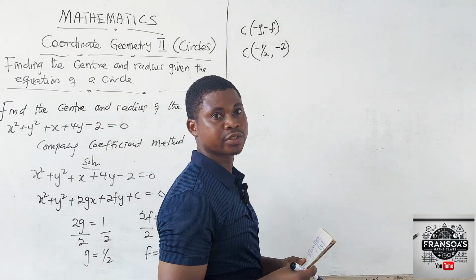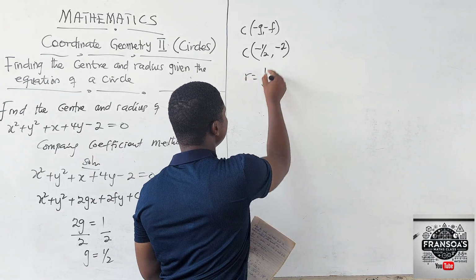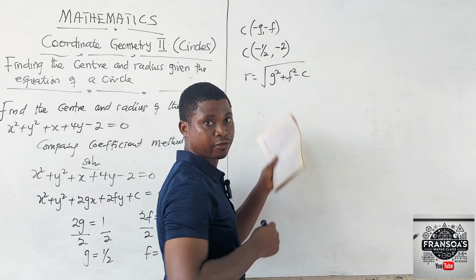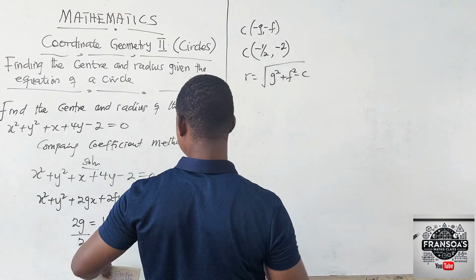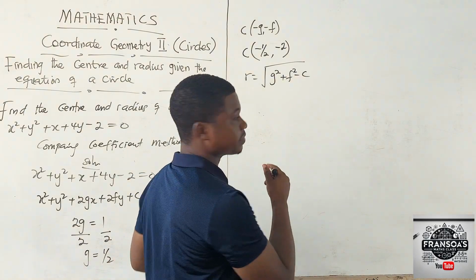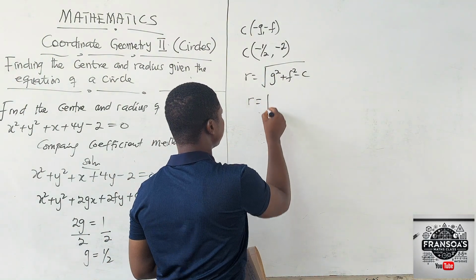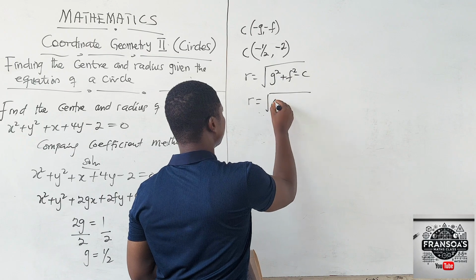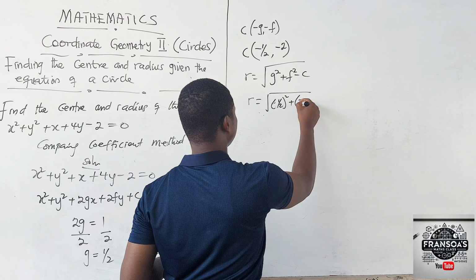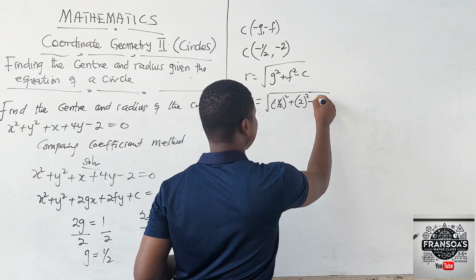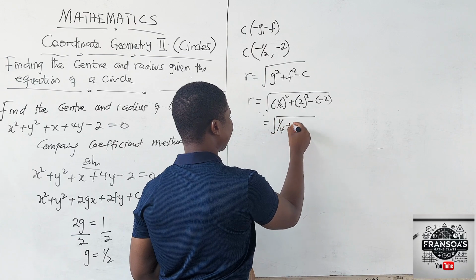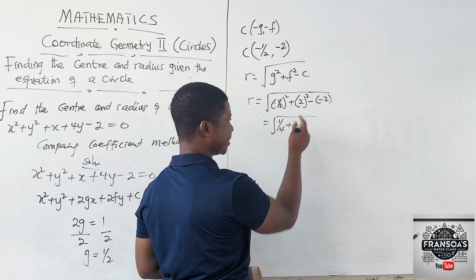Then we want to find the radius. We know the radius is equal to the square root of g squared plus f squared minus c. That's from our formula. We know g to be half, f to be 2, and c to be negative 2. So we substitute. So r is equal to the square root of half squared plus 2 squared minus negative 2, which is the square root of 1 over 4 plus 4 plus 2.